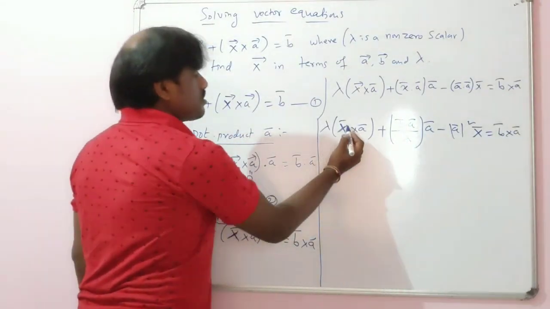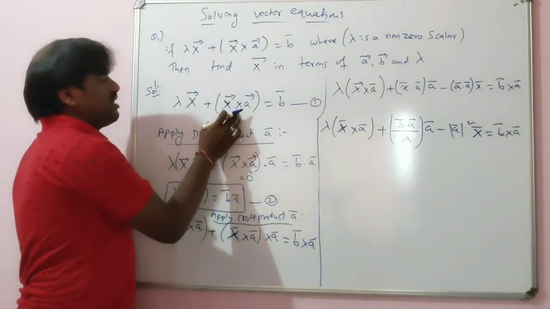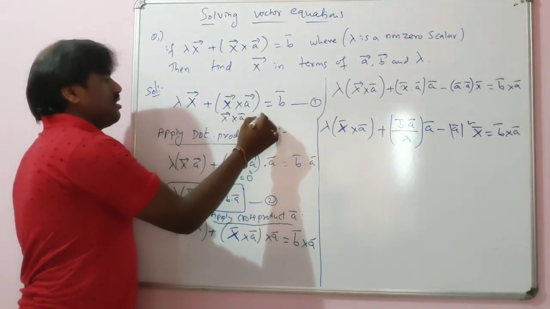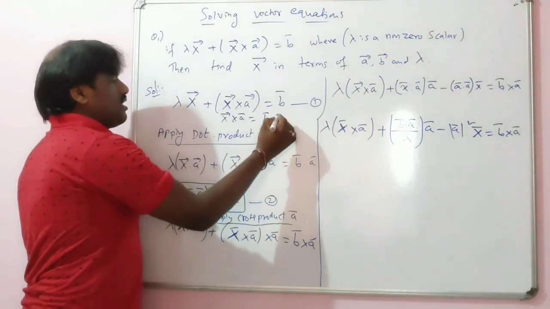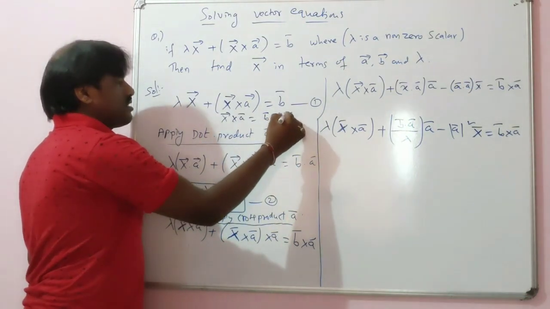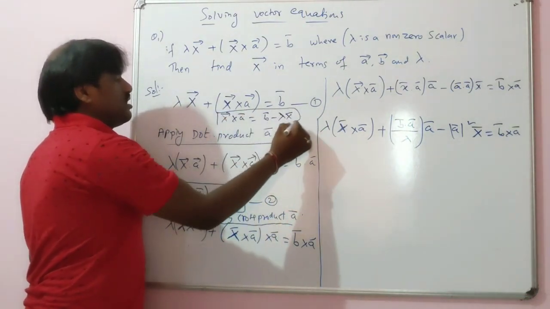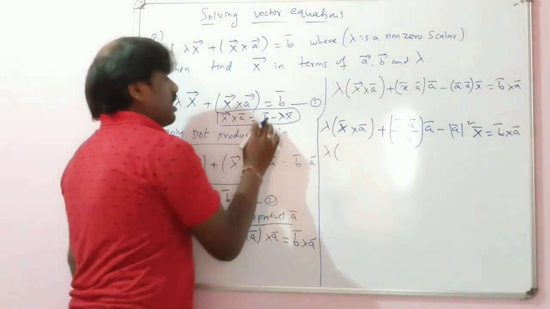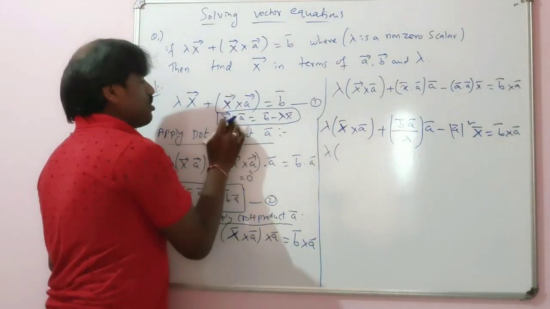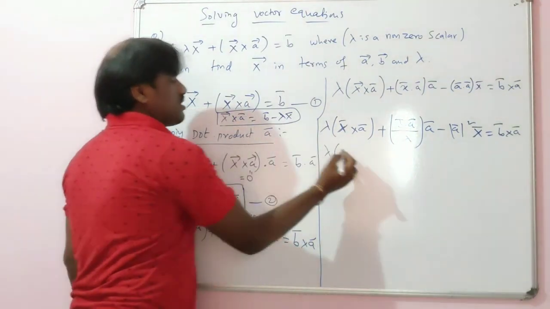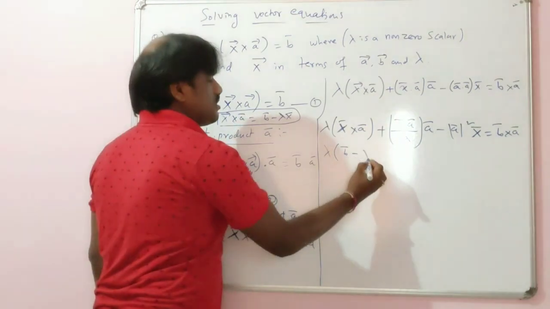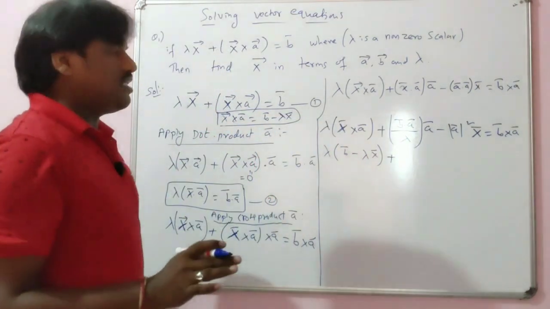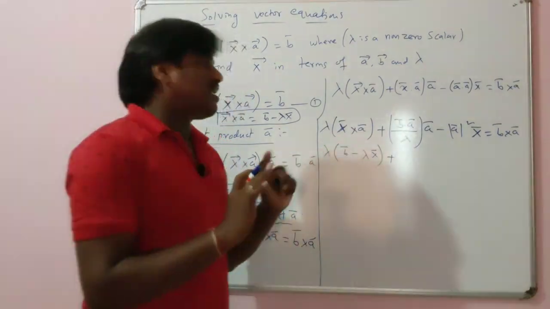Now x cross A, you can see in the first equation, x vector cross A vector is equal to B vector minus lambda times x vector. So you can use this condition here. So what I am going to get here, lambda times of, I can write as, this is a lambda x cross A, x vector cross A vector can be written as B vector minus lambda times x vector plus, what is our agenda is to separate the x.